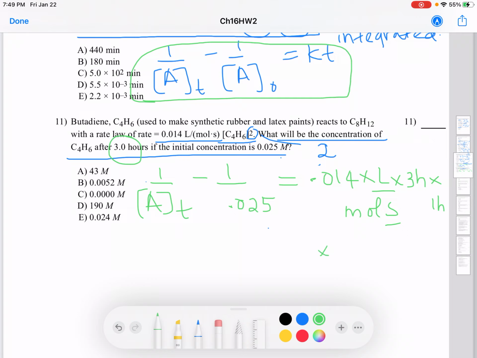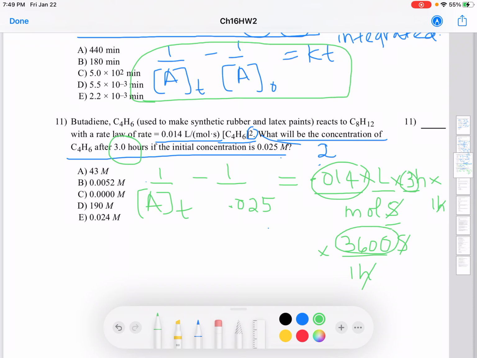So I'm going to go ahead and write it here: 1 hour, 3600 seconds. So these seconds get cancelled, hours to hours get cancelled. So you multiply 0.014 times 3 times 3600. These three together you're going to multiply.